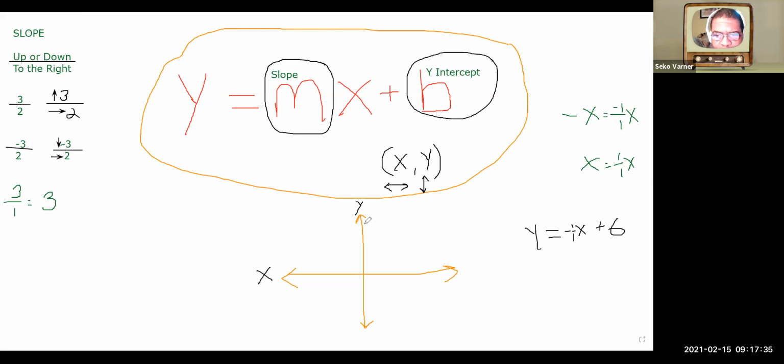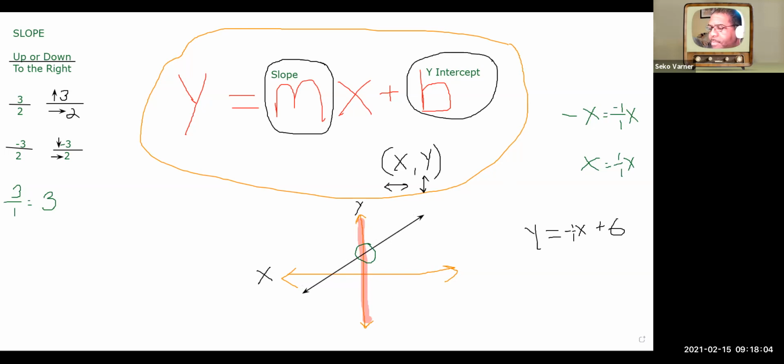Y-intercept is where on the y line a line crosses. So if I had a real simple line, let's say I had a line that went like this, okay? Well, the y-intercept is going to be right here. That point where the line that I drew crosses the y, okay?